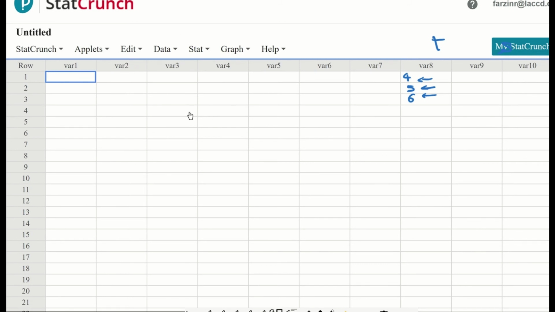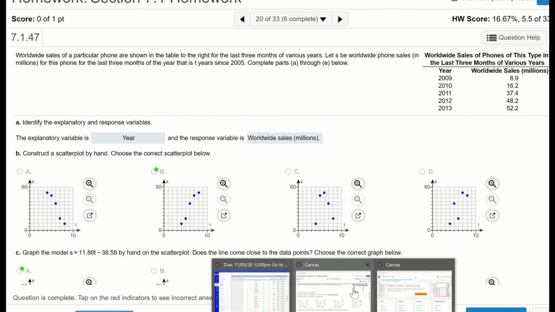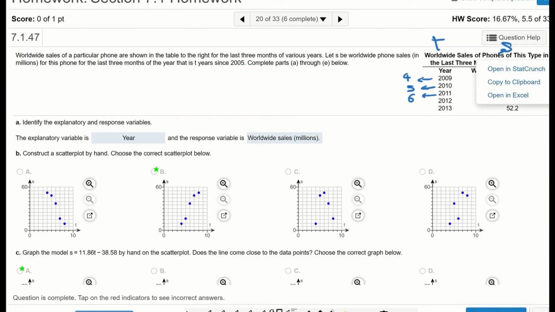So let's see. This one didn't drag it for me. Let me go back to my other graph and let's try that again. Open in StatCrunch. This time I should be okay since I have logged in.